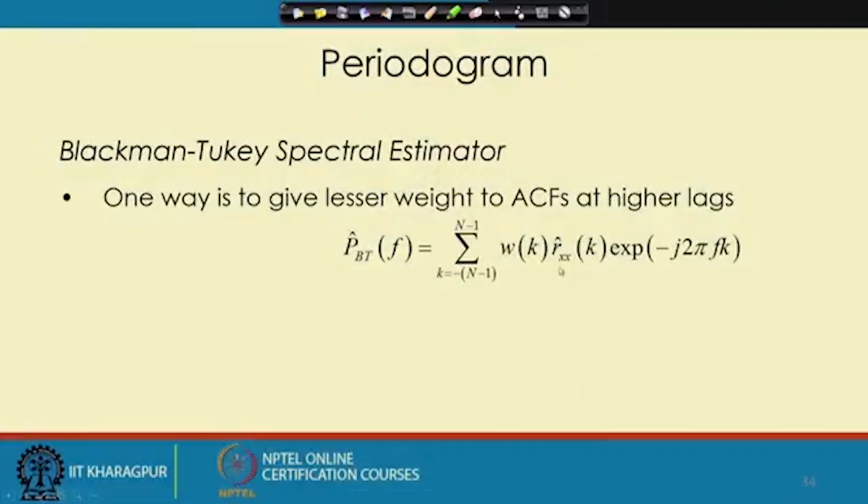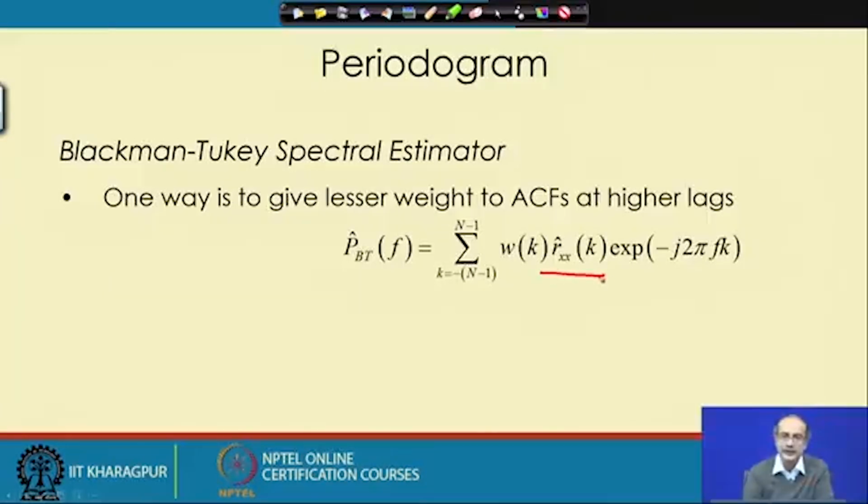let us take the estimated autocorrelation function as we take in the case of periodogram and apply a window. Earlier we have introduced you to a number of windows. So, they gave actually a solid footing for why they should be there.